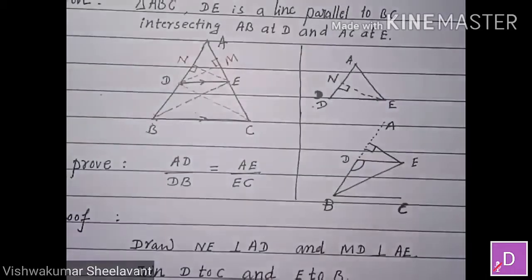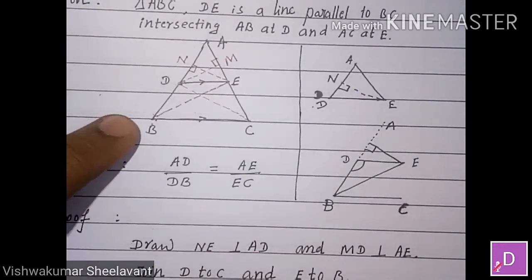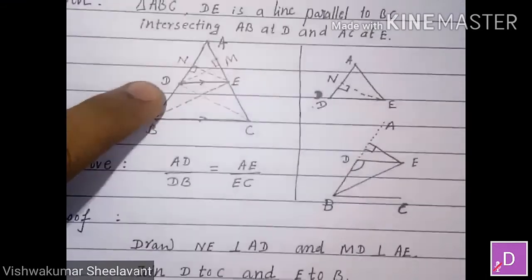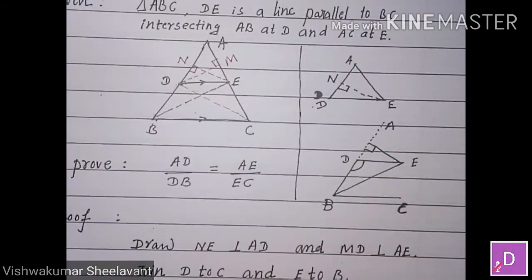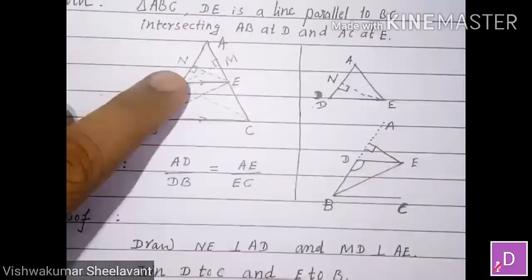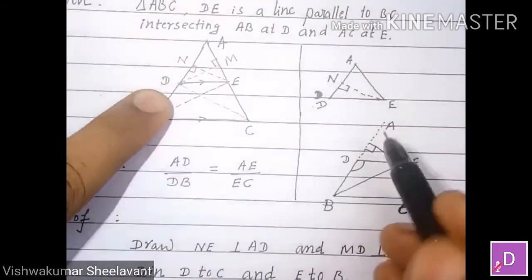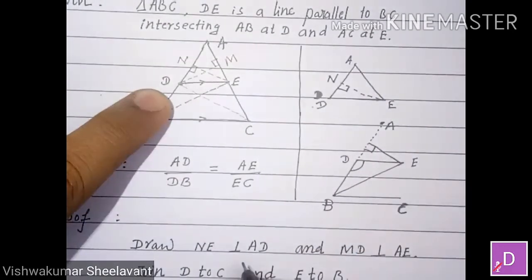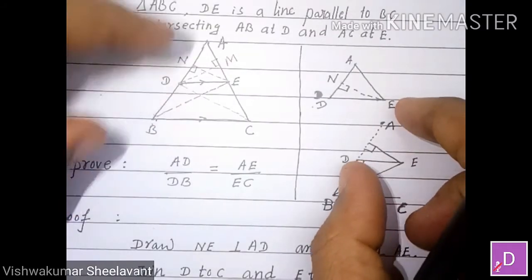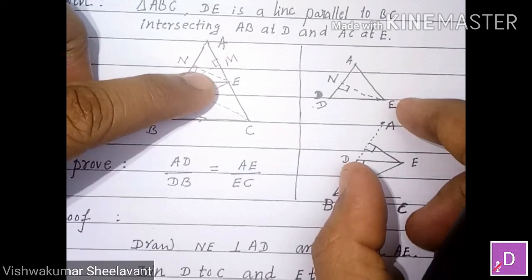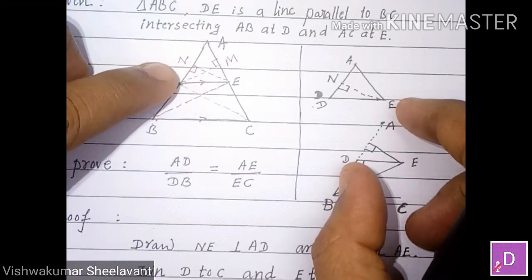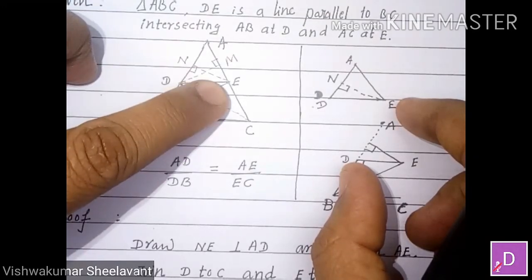If you extend, what you are going to get? You are going to get A. Look at this figure. BD is now extended to A. And already for this AD here you have drawn perpendicular. What is that? Again NE only.